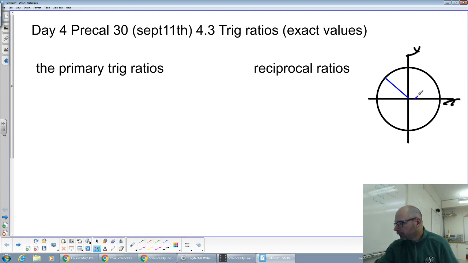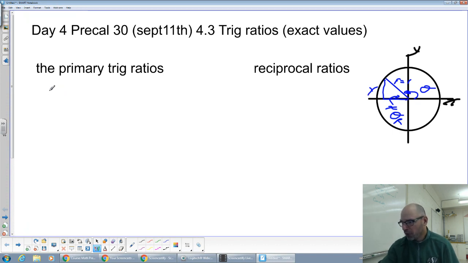There's theta. This one here is theta reference. And we've got our x and our y in there. So this is our x, this is our y, and this is our r, which equals 1. Okay, so we got our little triangle there, so we can just make another line there. Okay, x, y, and r.